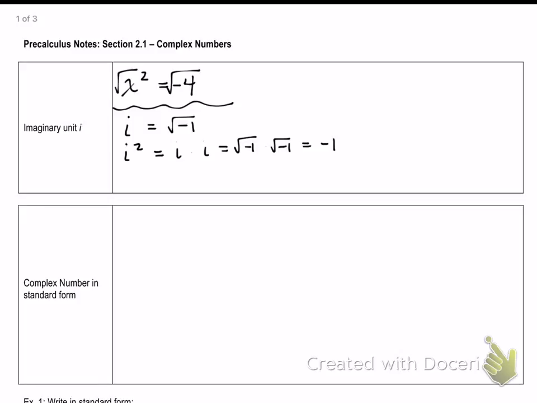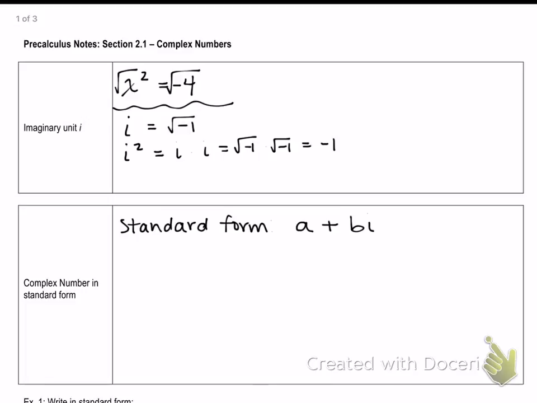All right, so now let's talk about this idea of complex numbers. The first thing that I want to say is that when we are writing something in standard form in regards to a complex number, it is going to look like a plus bi. So every answer that you have in dealing with complex numbers should always be in this format.